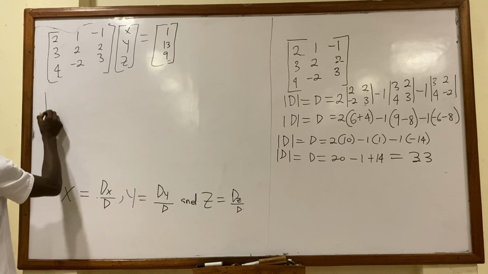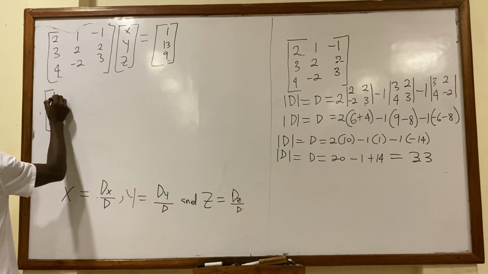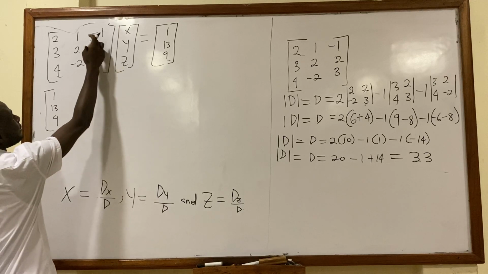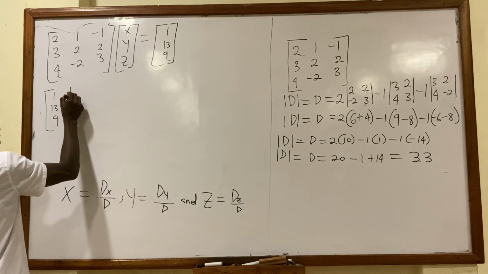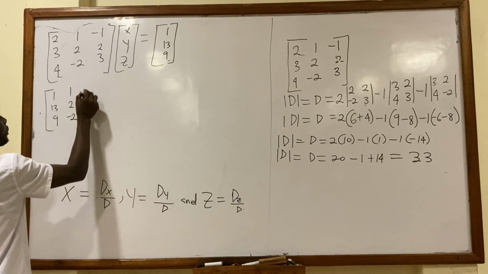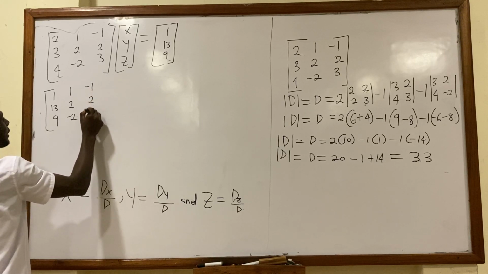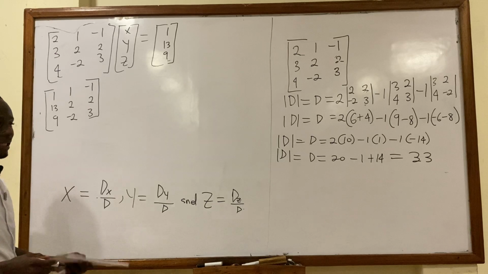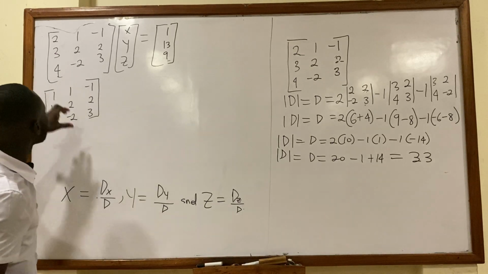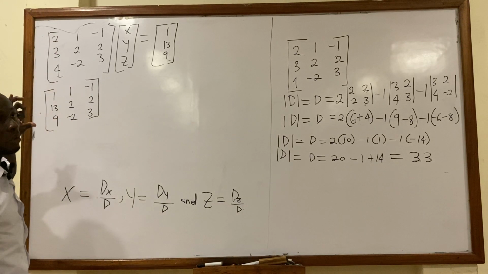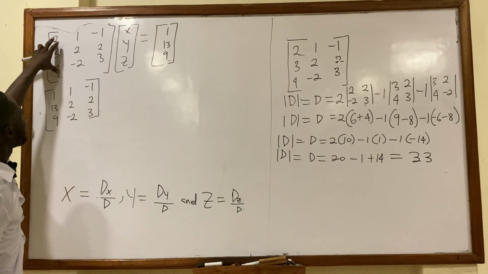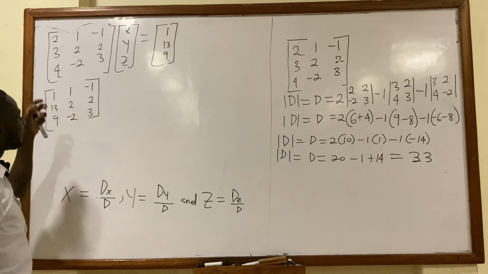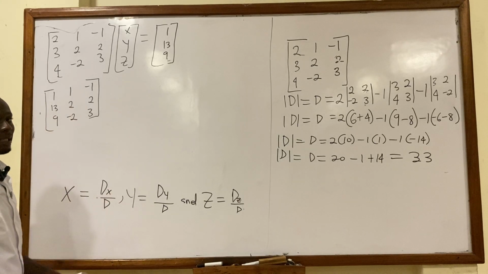So we have 1, 13, 9. Then we maintain the y and the z. So we have 1, 2, minus 2, minus 1, 2, and 3. Right? So when you want to find the Dx, you simply remove the values for the x, which is this, and substitute the constants there, and then you find the determinant, and that will be the Dx.